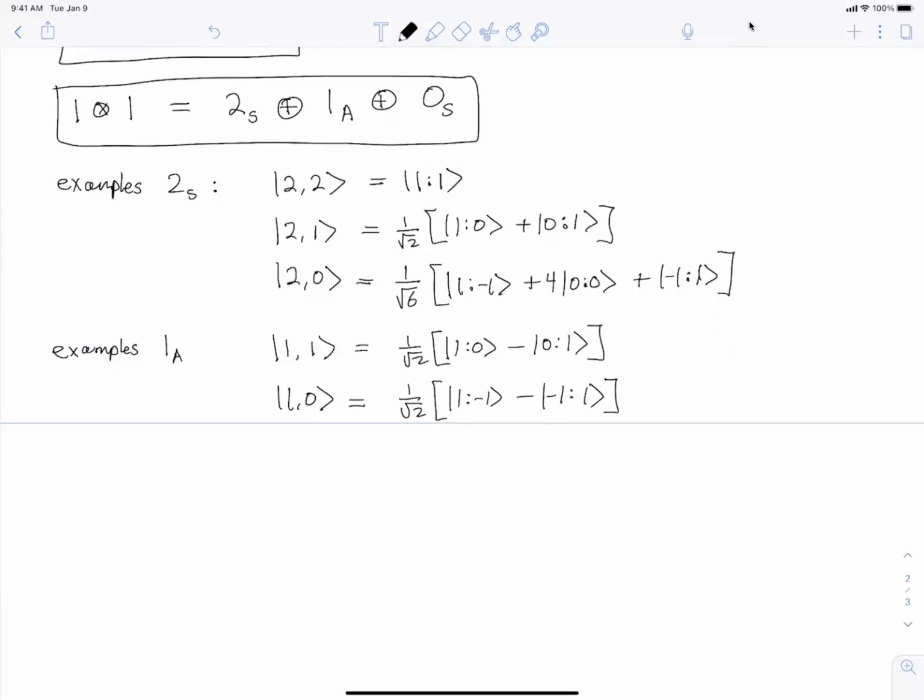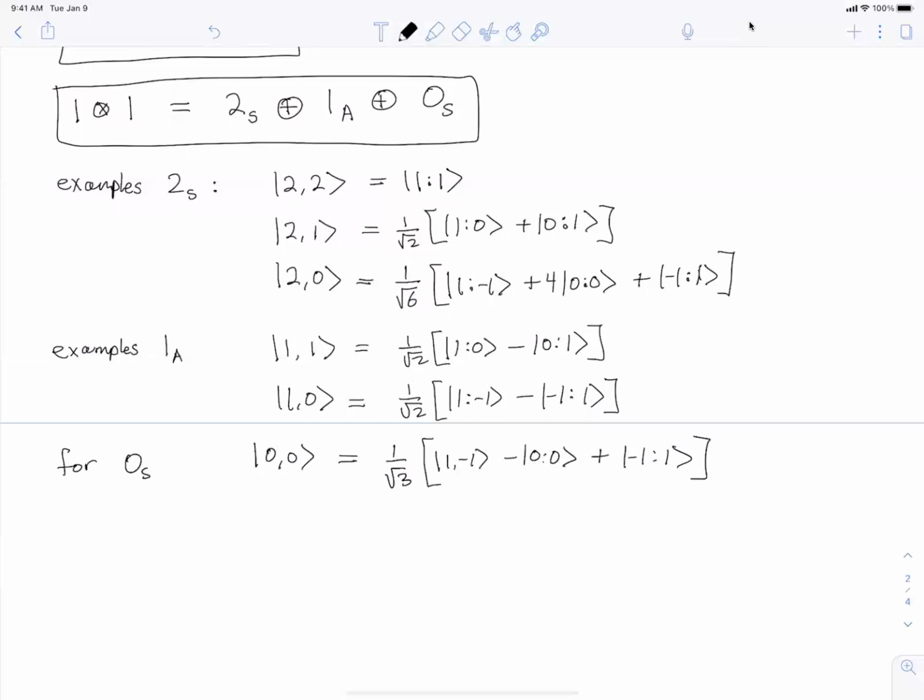Okay, and then finally for the 0 combination, I don't have to say example because there's only one of those states, and so it's 0, 0. In the product basis, that turns out to be 1 over the square root of 3, 1, minus 1, minus 0, 0, plus minus 1, 1.